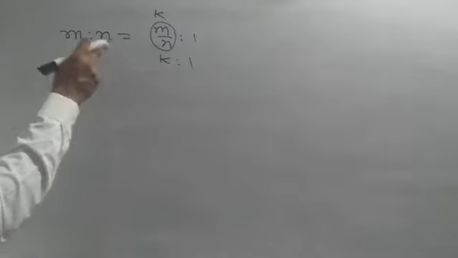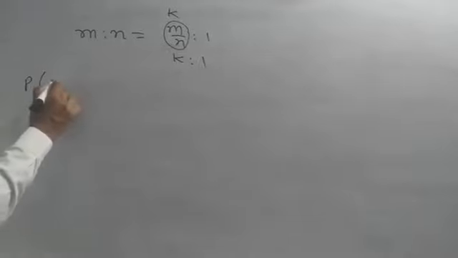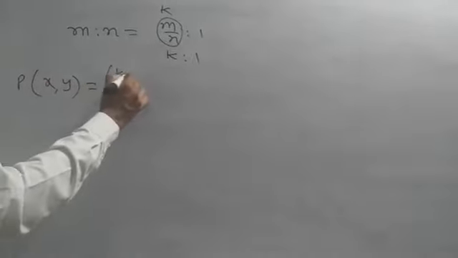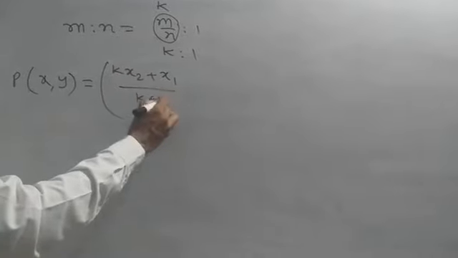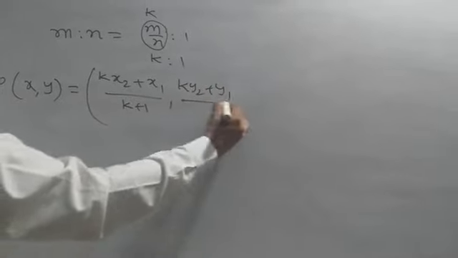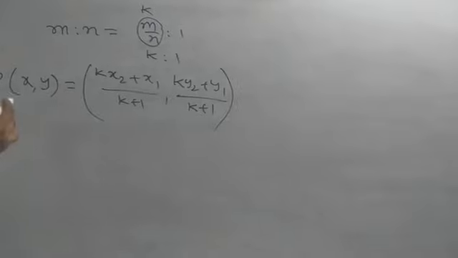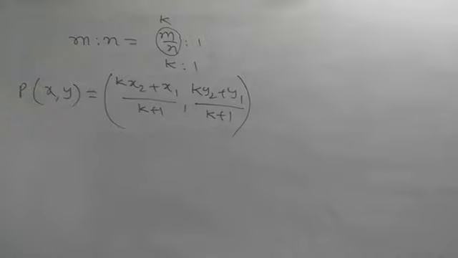So if the ratio is k is to 1, the same formula can be written as P(x, y) equals ((k x2 plus x1) by (k plus 1), (k y2 plus y1) by (k plus 1)). So you can use either this formula or the earlier formula. It depends upon the problem.